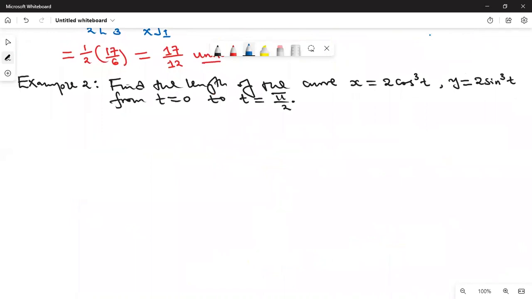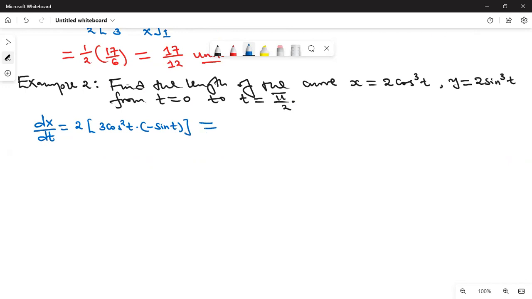We're going to write dx dt. What is it equal to? Start by differentiating the power. Use the chain rule. So that will give us 3 times 2, which is 6 cosine squared t times the derivative of cos t, which is negative sine t.